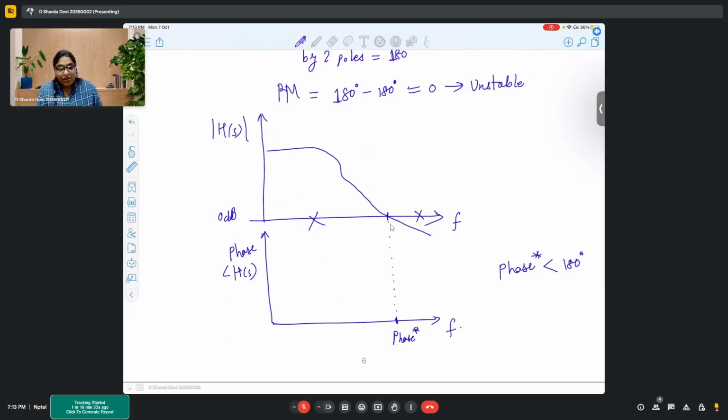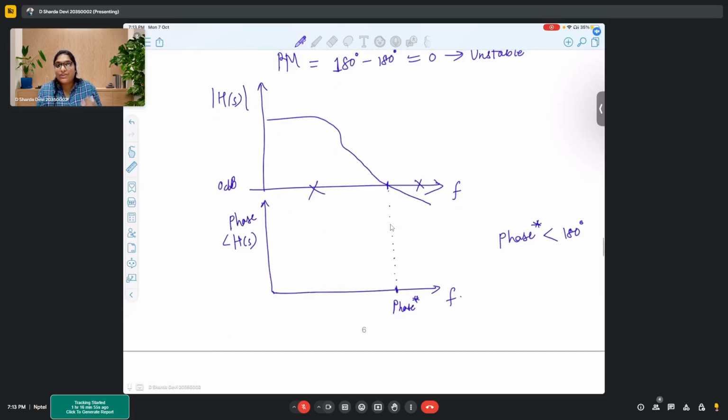And also, let's say you have a two-pole system, but your system is becoming unstable from the phase margin perspective. So what we try to do is we try to separate the poles by using some method or other, by introducing a pole zero compensation or something. There are different methods that can be used. Like you can introduce a zero in between. So if you introduce a zero in between, then things change.